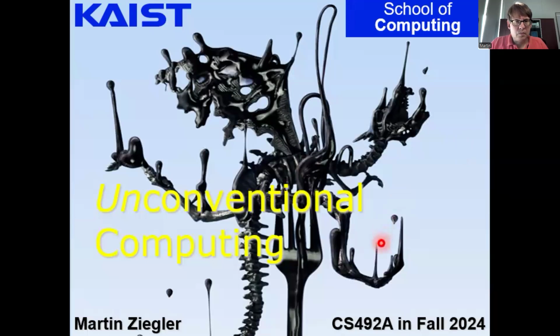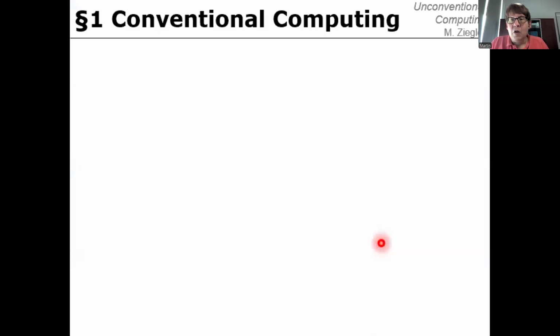Right, so here's the slide screen. Conventional computing. We've discussed, and I will recall, the difference between digital and analog signals and the benefits, explaining why contemporary computing is most dominantly digital computing currently.